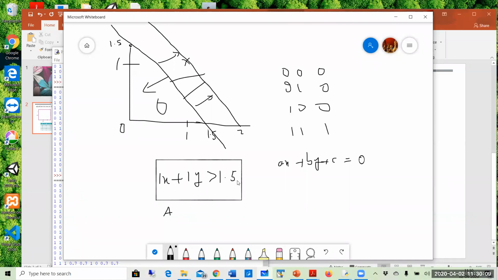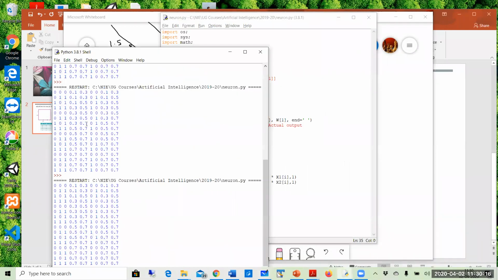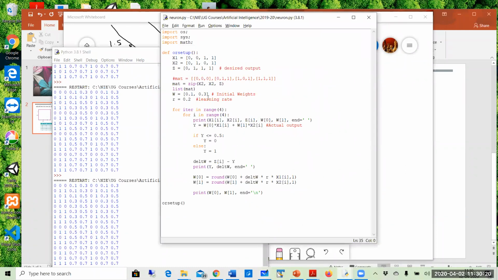Now if you look at it, if I put this particular code in here for the same thing, I did not do it, but it would be dangerous. If I put this here, okay, let me do one thing.